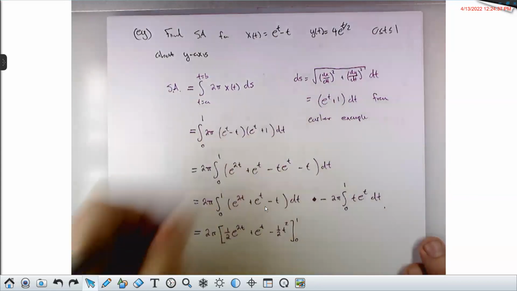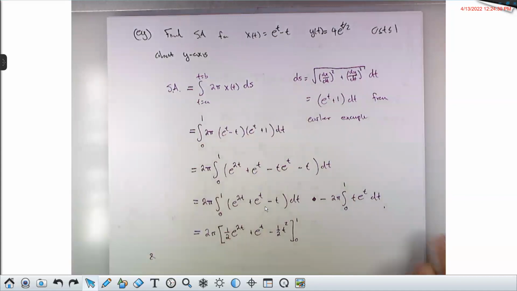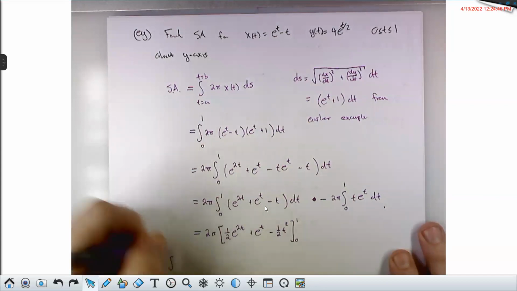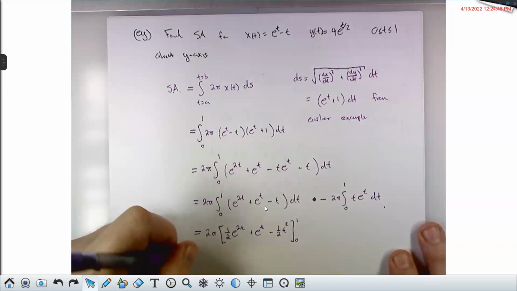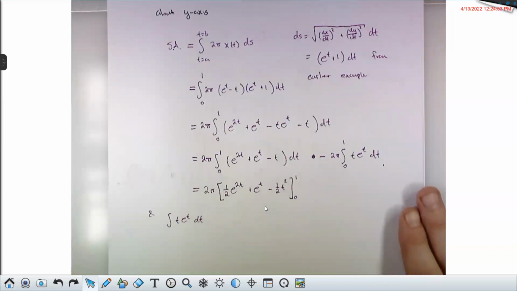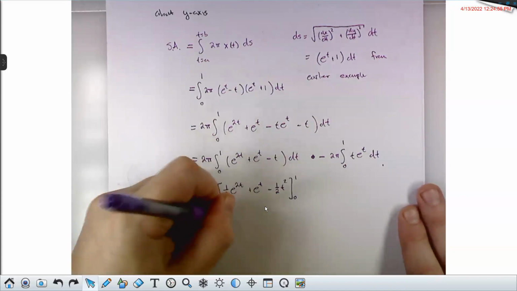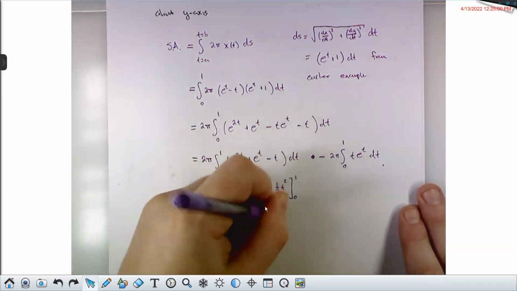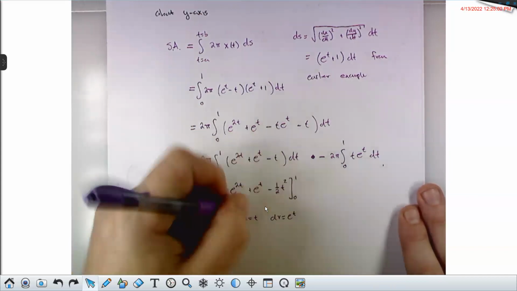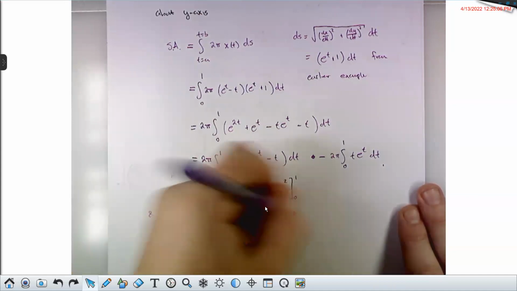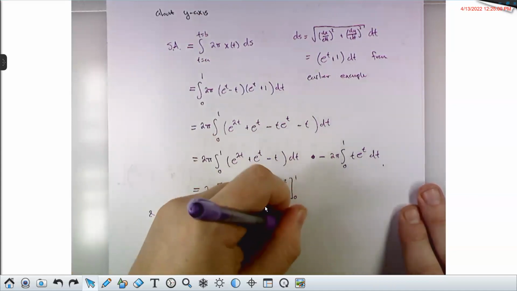This piece I need to do separately. I'll just do the indefinite integral of t e to the t dt real quick. This is done using IBP, where u is t and dv is e to the t, which means du would be dt, and v would be e to the t.